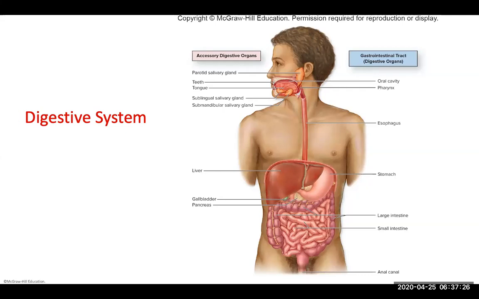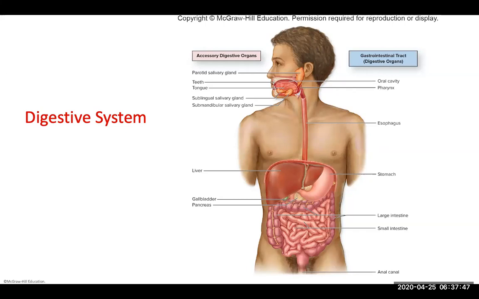So if we look at your digestive system, we have what we call accessory digestive organs and the GI tract, or digestive organs. Everything in the gastrointestinal tract is all connected as one long tube, and anything accessory would be outside the tube.